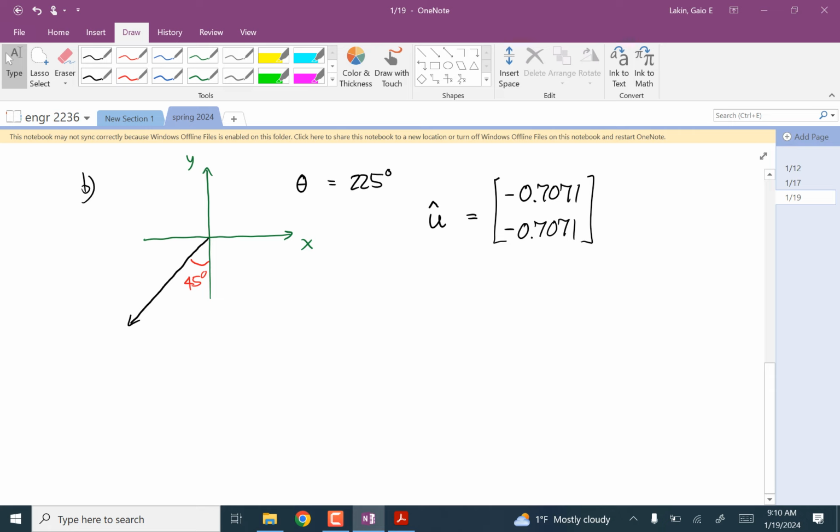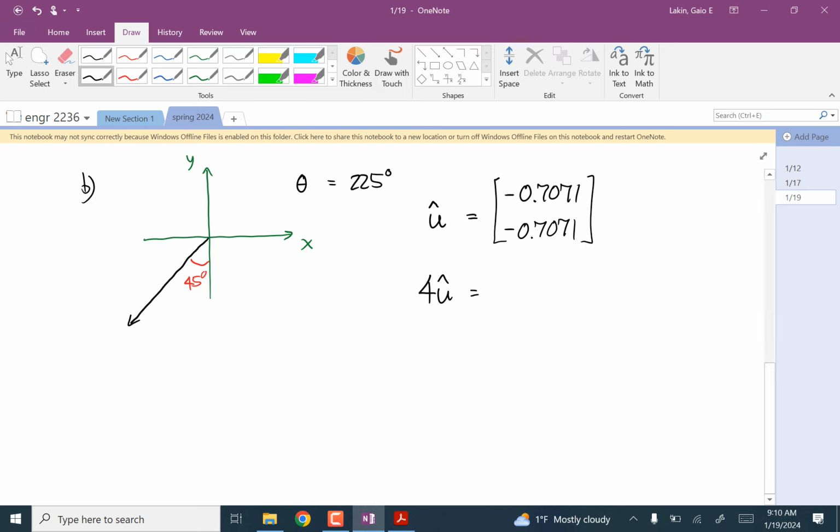And then the final vector that we want is 4 times that unit vector, which is, do I know what that is? No. Can someone multiply, what's 4 times 0.7071? It's 2.8, isn't it?